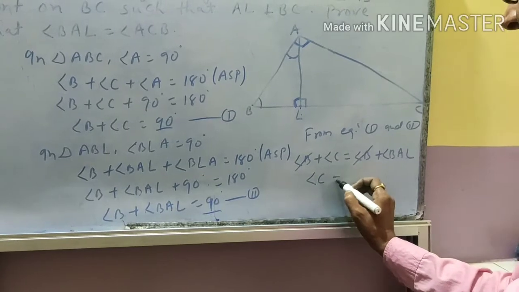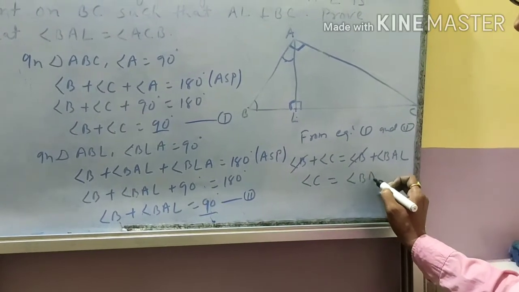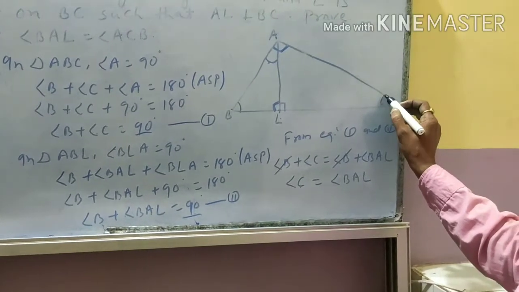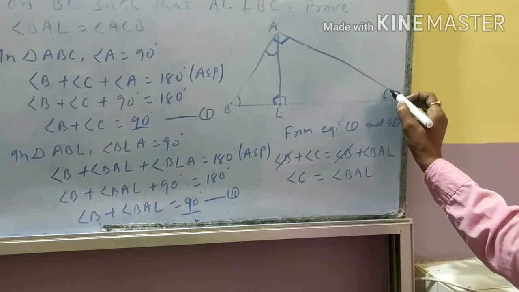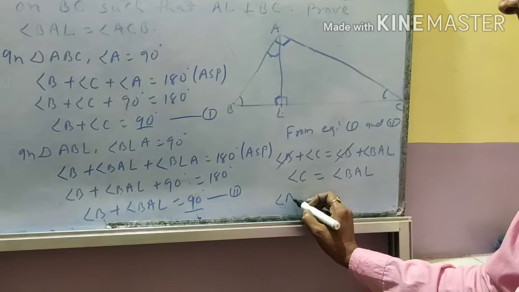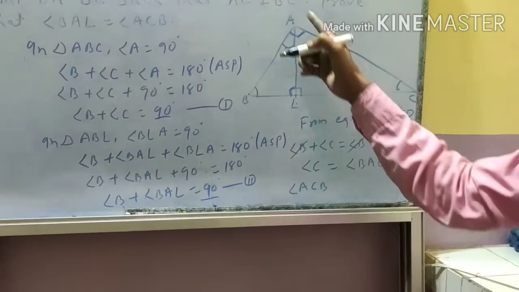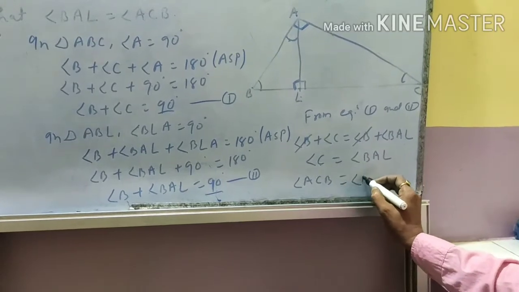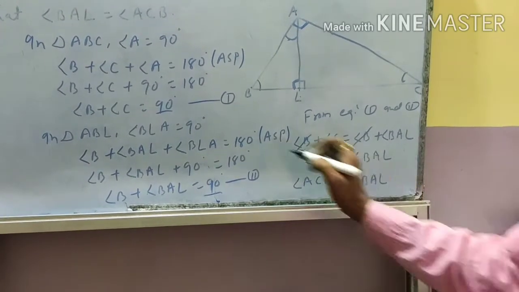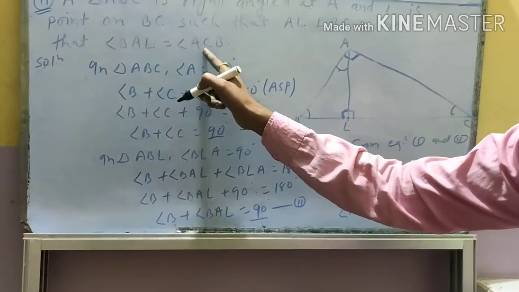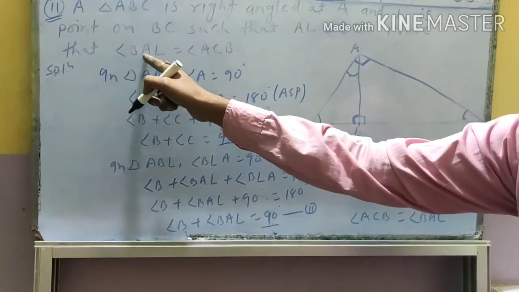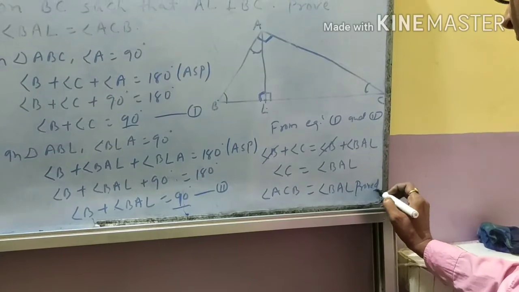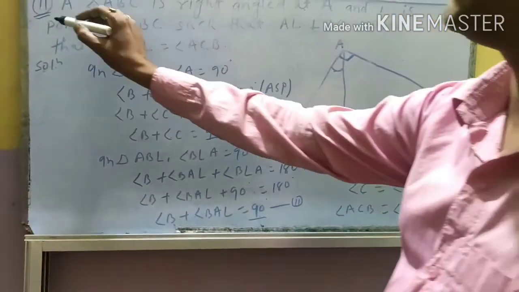So we can say angle C is equal to angle BAL. Angle C can be written as angle ACB. ACB is equal to angle BAL. Look here students, ACB is equal to BAL. So students, this is your proof. Okay students, I hope you will understand this question.